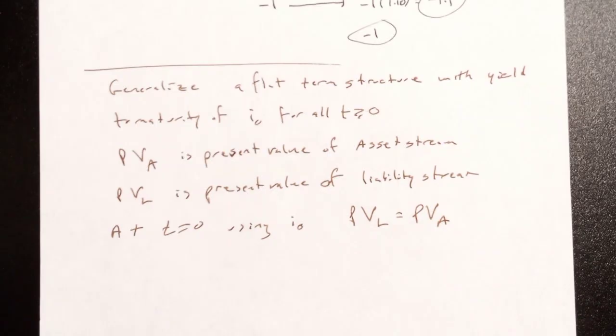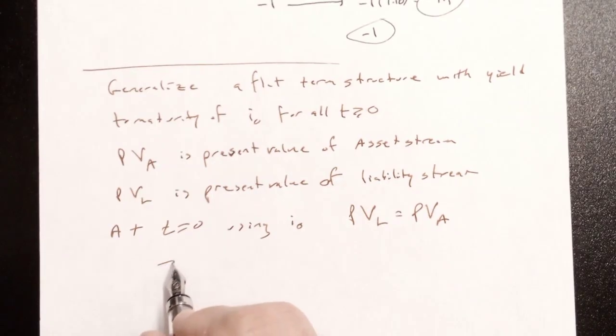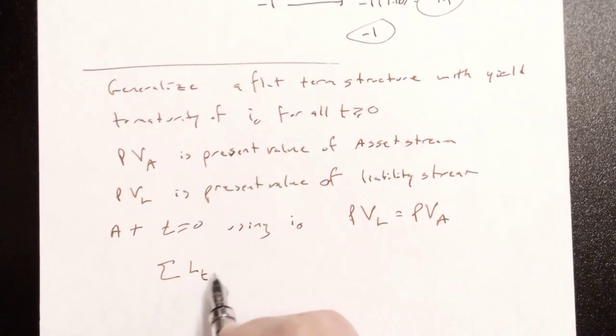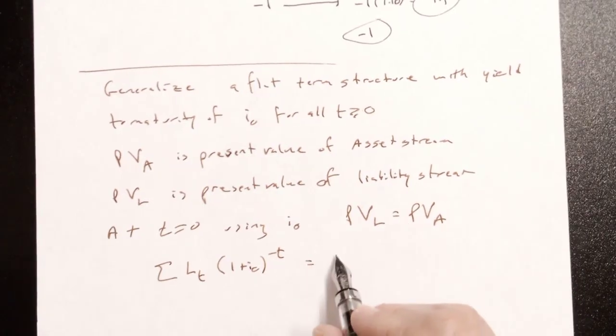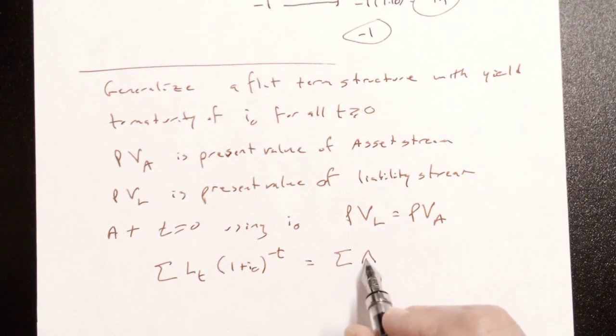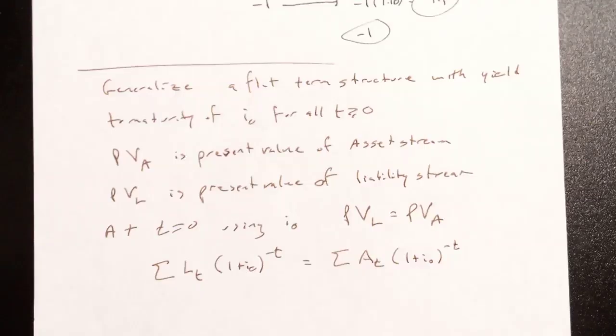All right, wait a minute. Present value of the liabilities is sum L_t (1 plus I0) to the negative t. And the present value of the assets is the same sort of sum.